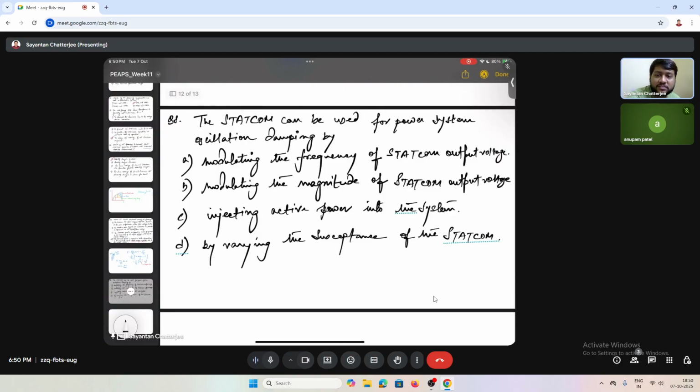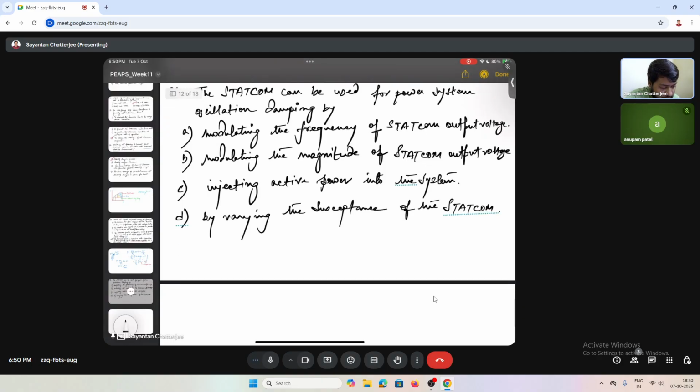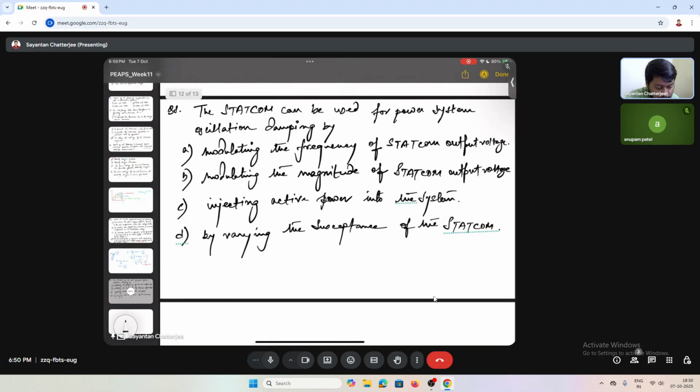STATCOM can be used for power system oscillation damping by the following: we can modulate frequency, we can modulate magnitude. B will be the answer. Yes, B will be the answer.